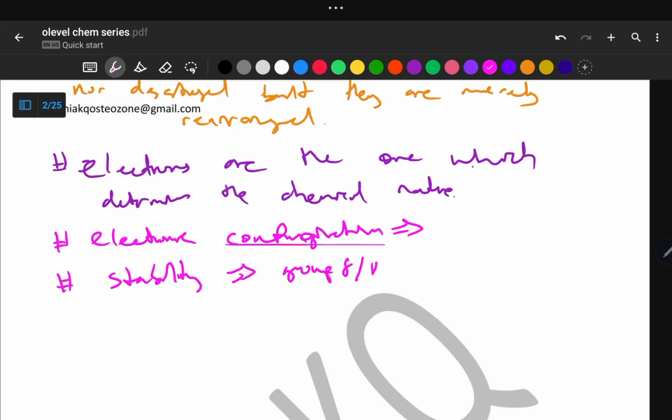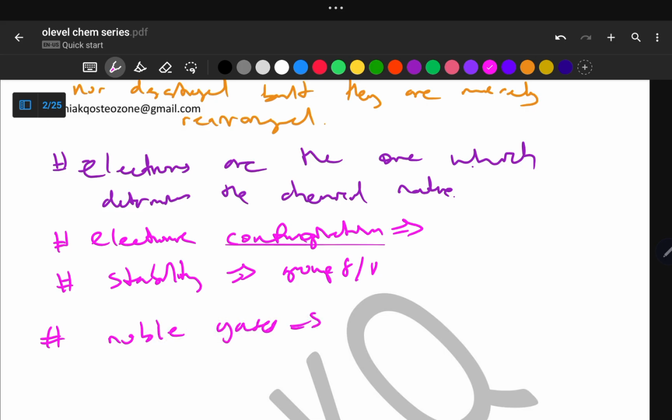Are we together, guys? You must understand this, because this is where your A-level chemistry is derived. So you need to listen very carefully and know this by heart. Atoms want to have the same electronic configuration as the noble gases, the group 8 elements.